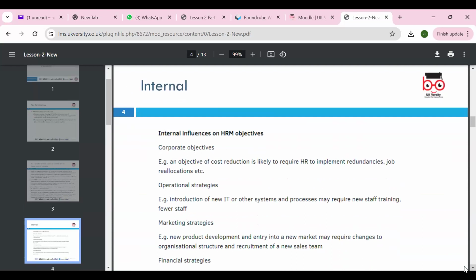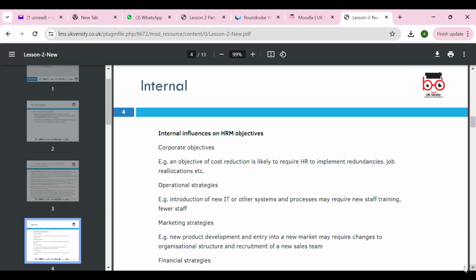We need to look at internal influences on human resource objectives. We have a corporate objective. An objective of cost reduction is likely to require HR to implement redundancy and job reallocations. Operational strategies: introduction of new IT or other system processes may be required, with new staff training and fewer staff.